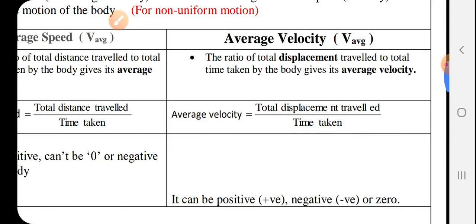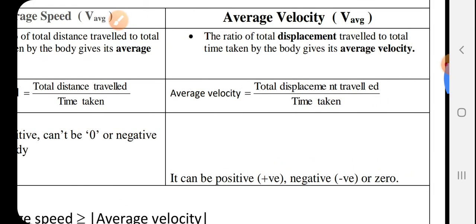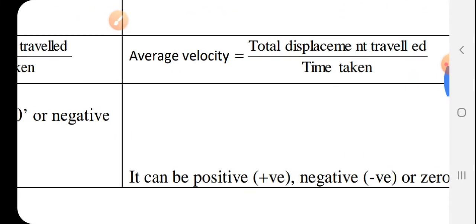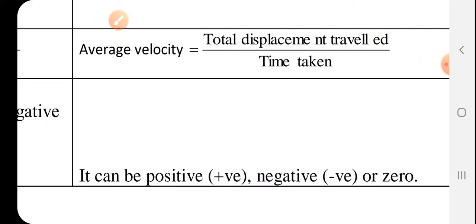Students, speed can never be negative or zero for a moving particle. Similarly, average speed is always positive for a moving object. It will not be negative or zero. But in case of average velocity, it may be positive, negative or zero.